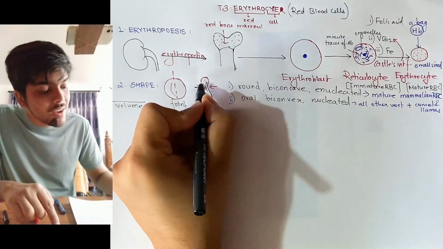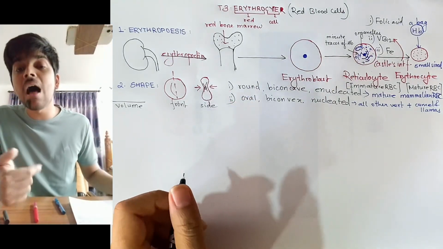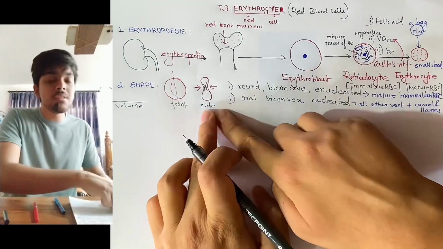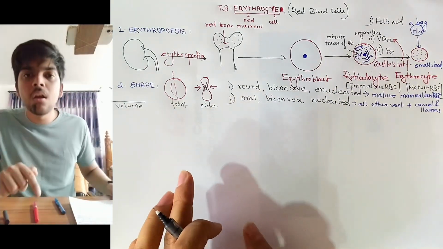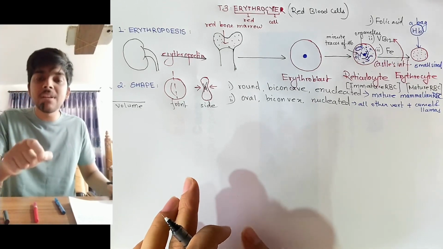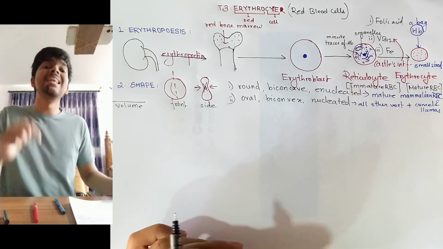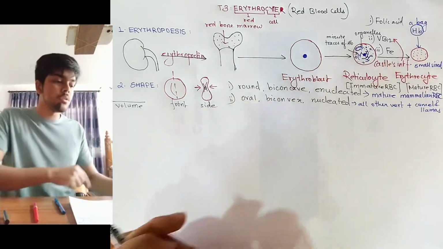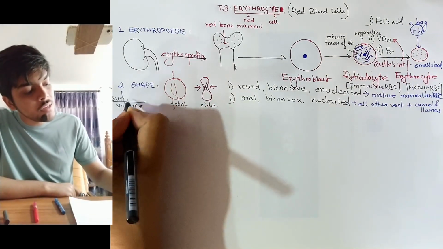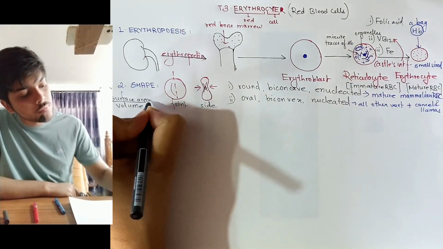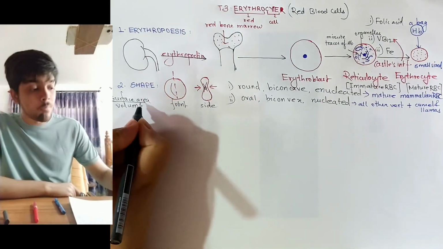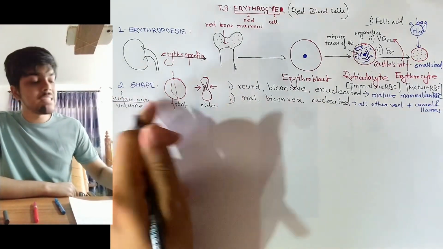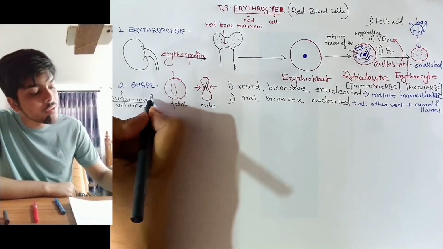But due to biconcavity, the surface area of the RBC, however, becomes large, because if this RBC was biconvex, then the surface area of the cell would have been less for the same volume as compared to the biconcave structure. So the surface area due to biconcavity is more. So volume is less, but for the same volume, surface area is more. Overall, the surface area to volume ratio is high.